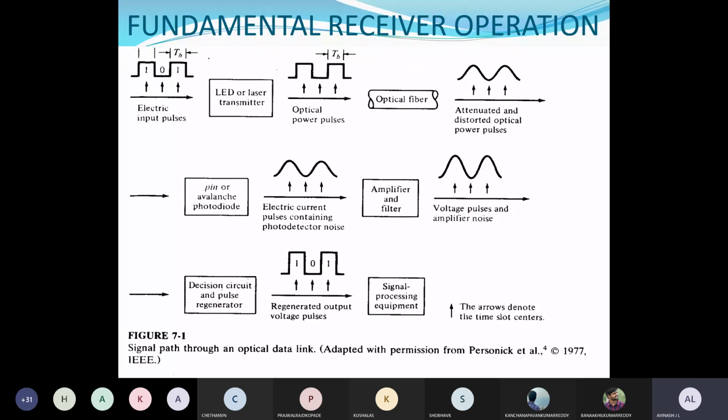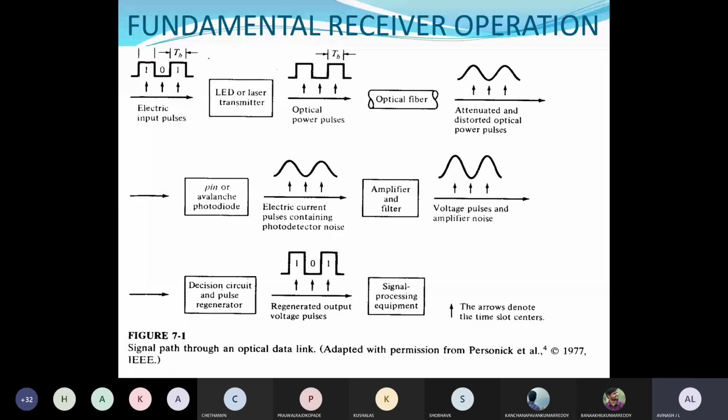So for a given electrical input pulse quantity, the same amount of photon or light energy is generated. This is called optical pulses, optical power pulses, optical signal, optical energy or light wave. There are many names, but all correspond to the same concept, that is optical power pulses.